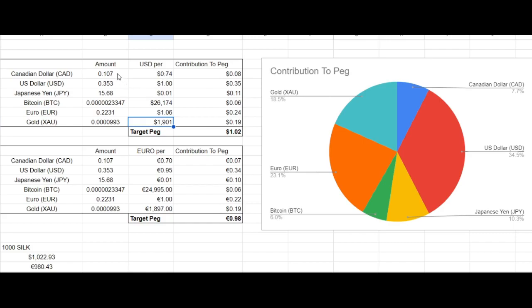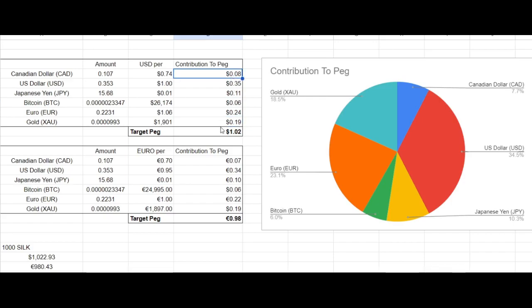So what ends up happening is with these fixed amounts, we're multiplying that by the ever-changing dynamic prices for each of these. If you multiply the two here, you'll see this is how much is being contributed to the target peg. So with that amount multiplied by this price, 8 cents of Silk's peg is coming from the Canadian dollar, 35 cents is coming from the US dollar, 11 cents is coming from the Japanese yen, 6 cents from Bitcoin, 24 cents from the euro, and 19 cents from gold.